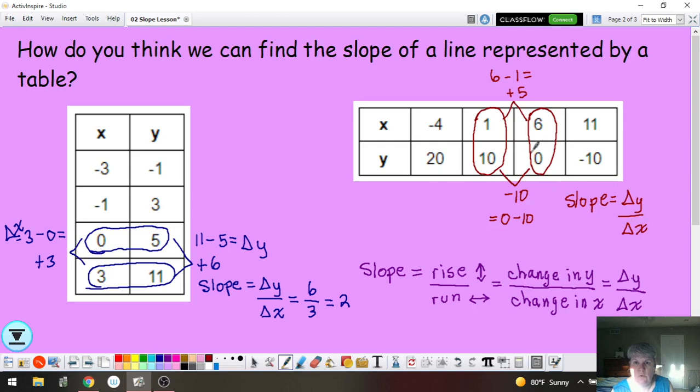So my change in y was negative 10. My change in x was a positive 5. I can divide negative 10 by 5, and I have a slope of negative 2 for the line represented by that horizontal table.